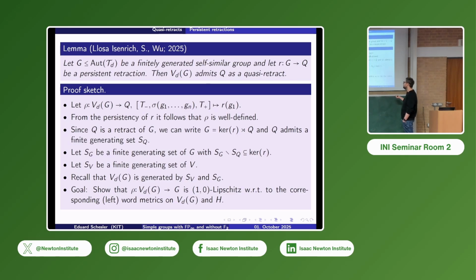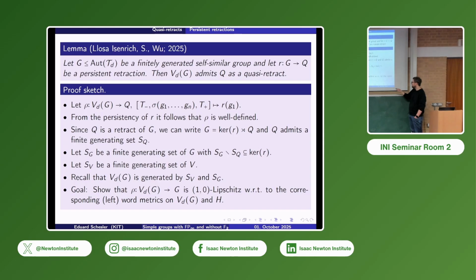First we have to find appropriate generating sets. The generating set that we consider is the generating set of the Thompson group V. Actually, it should be VD. And the remaining generating set we consider from Q, and even the remaining part from the kernel of the retract.